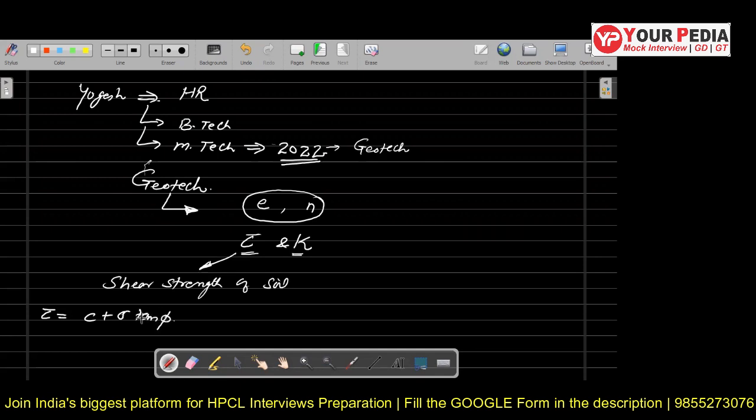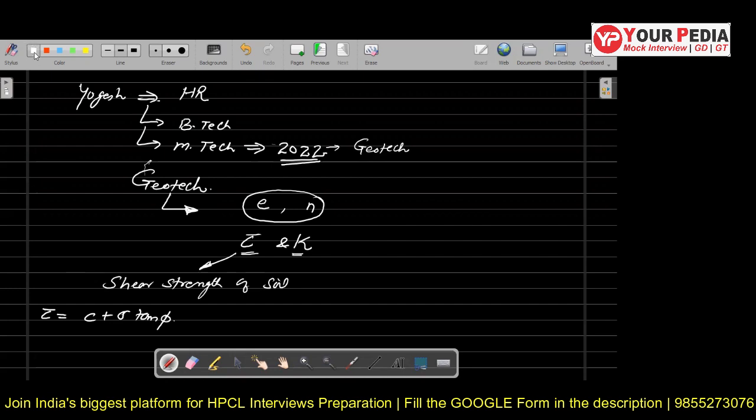What is C? What is sigma? What is phi? C represents the cohesion value of a soil, sigma represents the total stress, and phi represents the angle of internal friction, which is the interlocking resistance offered by the particles of the soil.